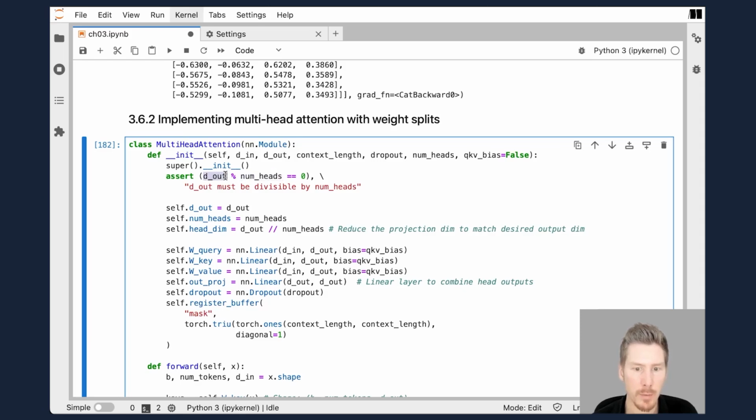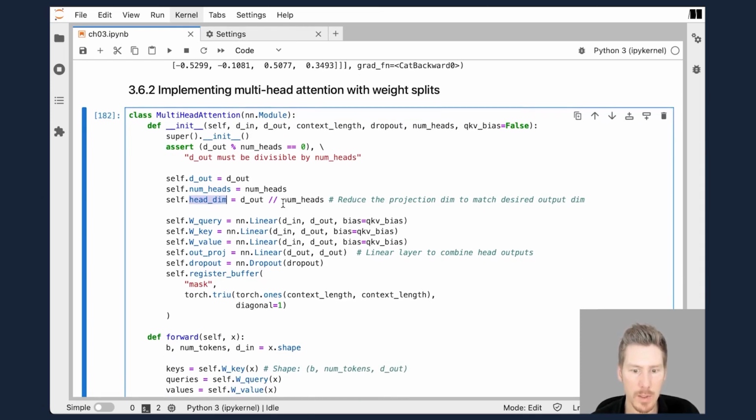So if we have output dimension 4 and we divide it by the number of heads, let's say 2, this should not give you any remainder, because this determines the dimension of each head. So if this is 4 and this is 2, we have a 2-dimensional head dimension. And the head dimension, you can think of it as the dimension also of the context vector before we concatenate them.